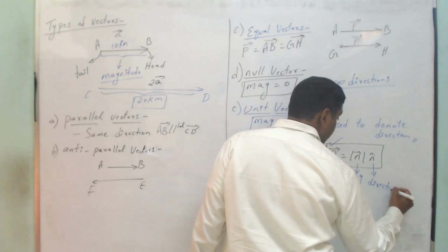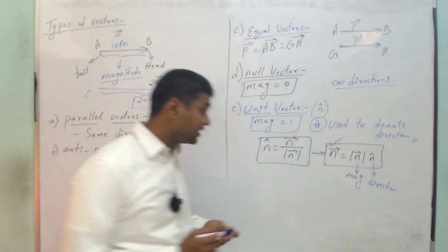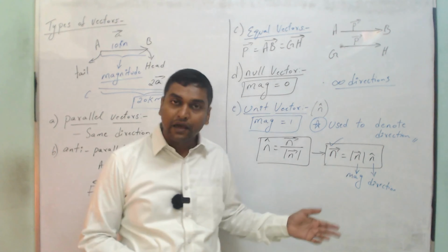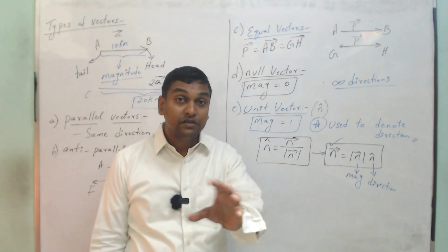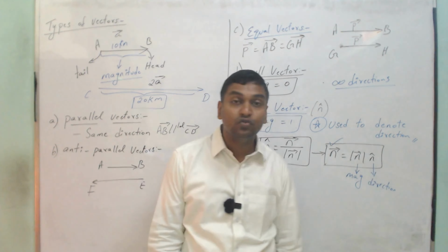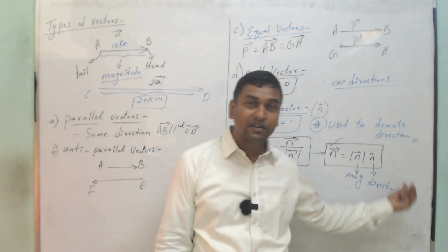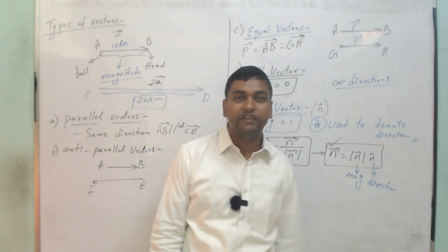Understand? When I am multiplying magnitude with n cap, I am saying it will tell me the entire vector. That means somehow I am starting to use my unit vector to represent the direction of vectors.